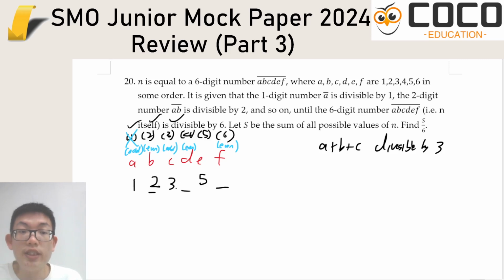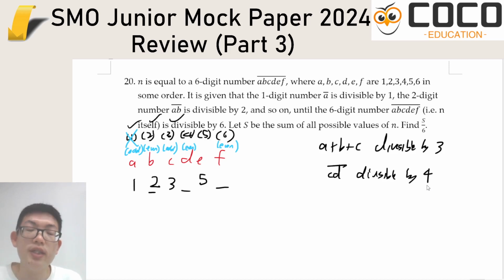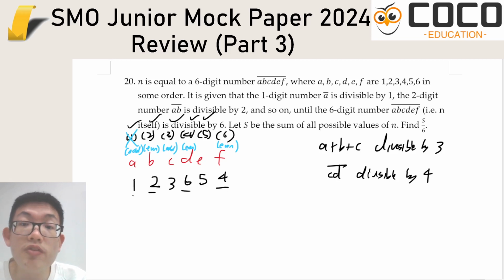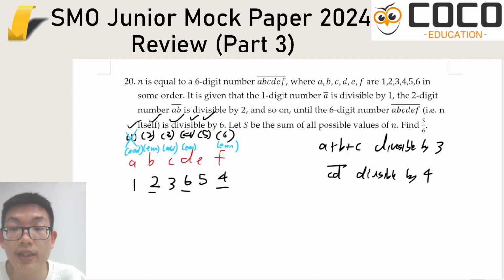The test for 4 is the last 2 digits. So the 2-digit number CD is divisible by 4. Again, out of 34 and 36, only 36 works. You put 4 at the end, and then you check that for 6, it is clearly even, and it is divisible by 3 because the digit sum, in fact, is always going to be 21. So that is going to be fine anyway. So 1, 2, 3, 6, 5, 4 is solution 1.